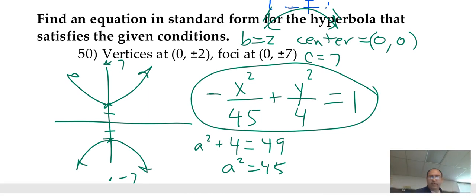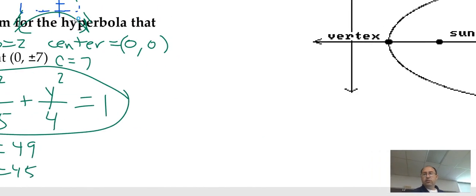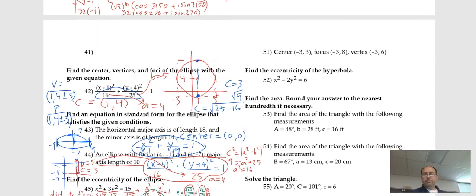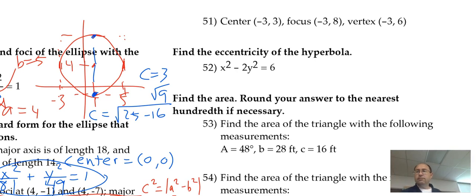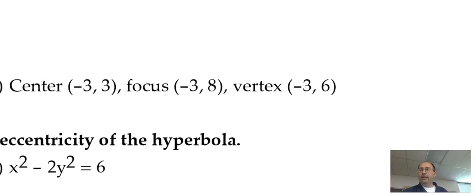All right, question 51. We're getting closer, folks. Getting closer. Where are we at? Center at -3, 3. Okay, why is there no graph? I hate it when they do this.